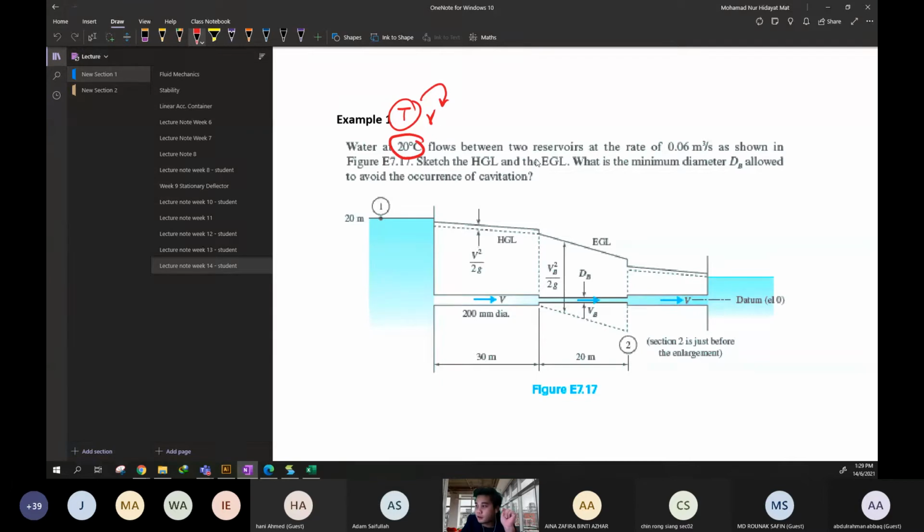Flow between two reservoirs. We have this one and this second reservoir, with the datum here, elevation 0, at the rate of Q. This is the flow rate. So what can you relate the Q with, which parameter?